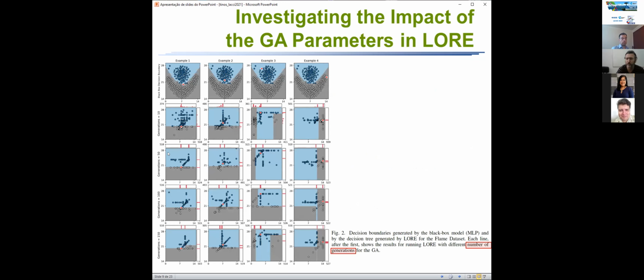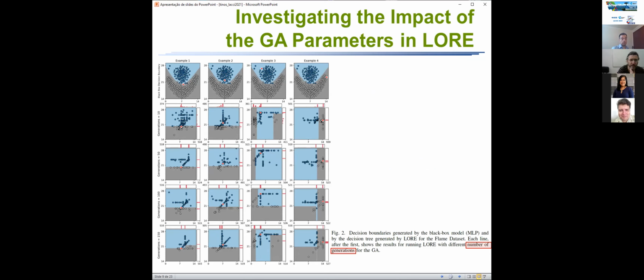Here we see the results for the number of generations. Here we use LoR to explain decisions taken by a multi-layer perceptron. In the first row, you can see the original data set for the flame data set. It only has two dimensions in order to check the figures.